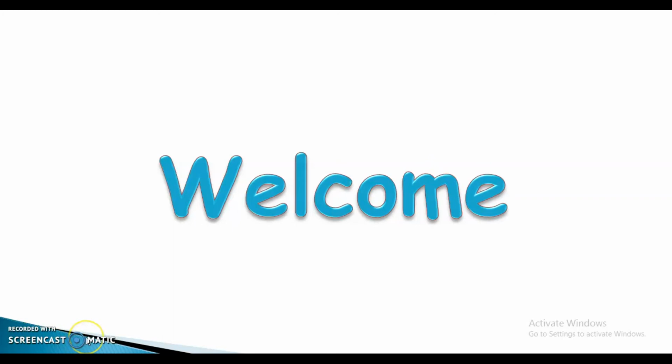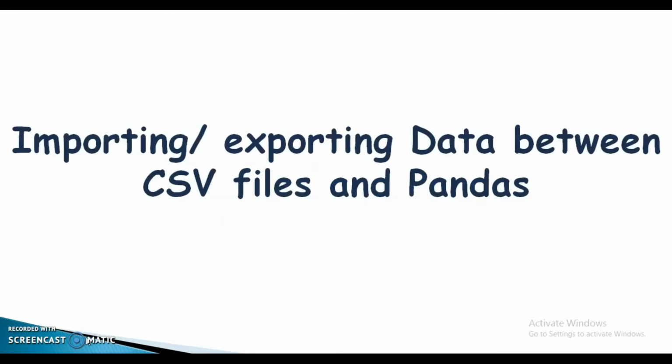Today we will discuss CSV files. What is a CSV file? That is a comma separated values file. What is its purpose? The purpose is importing or exporting data between CSV files and pandas.